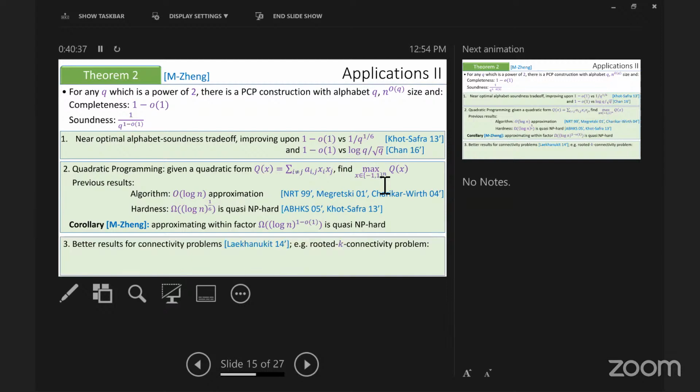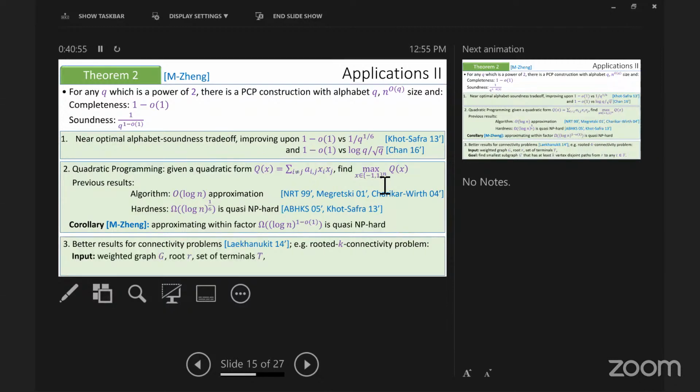Cool. And the third application I'm just going to mention is a collection of results based on this paper for some connectivity problems. Let me just tell you one of them. I'm not even going to tell the result, just what the problem is.